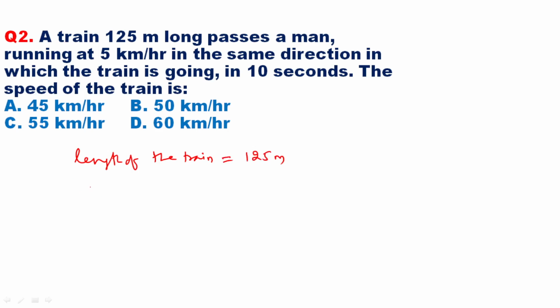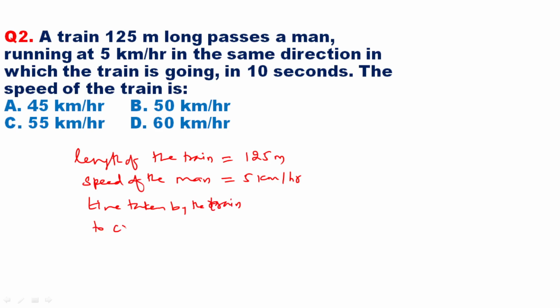We are given the speed of the man, which is 5 kilometer per hour. And we are given the time taken by the train to cross the man, which is equal to 10 seconds.